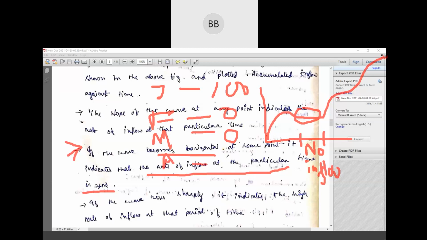When you find the accumulated inflow, what will be your first value? It will be 100. The second value will also be 100, because 100 plus 0 is 100. The third value is also 100. Then your fourth value will be 150. As you keep getting 100, you will get a straight line. So if you get a horizontal line, your inflow for that particular time period is zero.